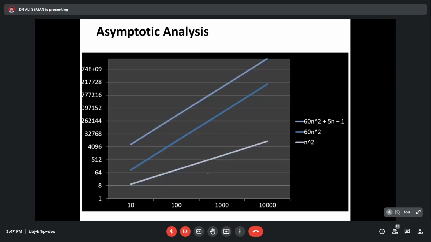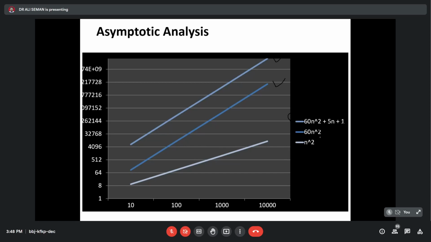Okay, when we plot the diagram here, maybe you can see the pattern increases accordingly. When we take all the constants, the pattern is like this. When we take only the constant 60, the pattern is like this.